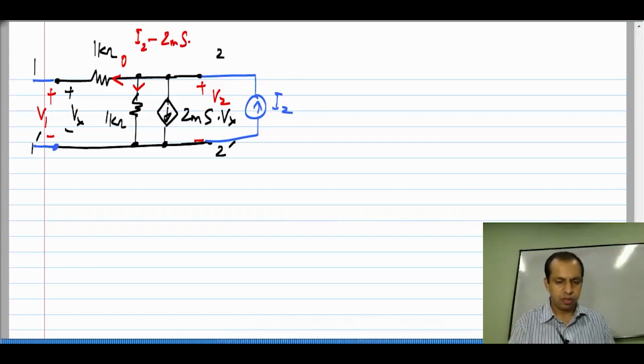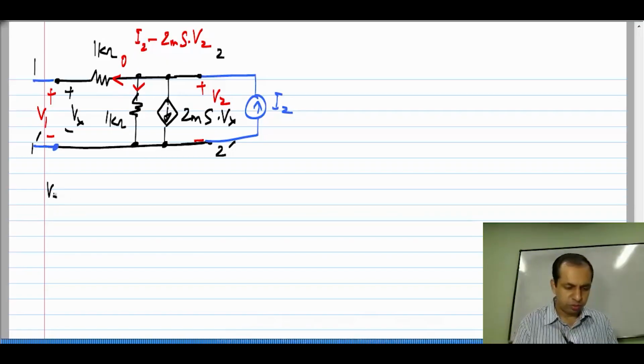2 millisiemens times Vx, which is the same as V1, which is also the same as V2. So, I am going to write that right away. So, now this voltage drop V2 is the current through this 1 kilo ohm resistor times the 1 kilo ohm resistance.